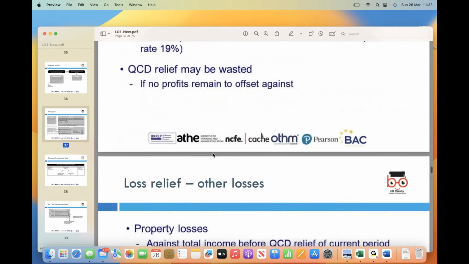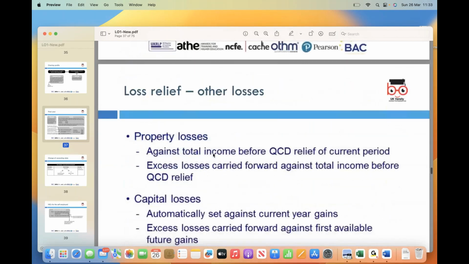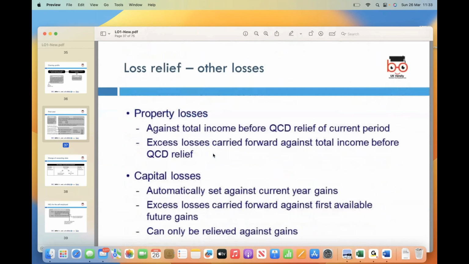So, loss relief for property losses. Loss relief for property losses can be used to set off against total income before QCD, qualifying charitable donations relief, in the current period.